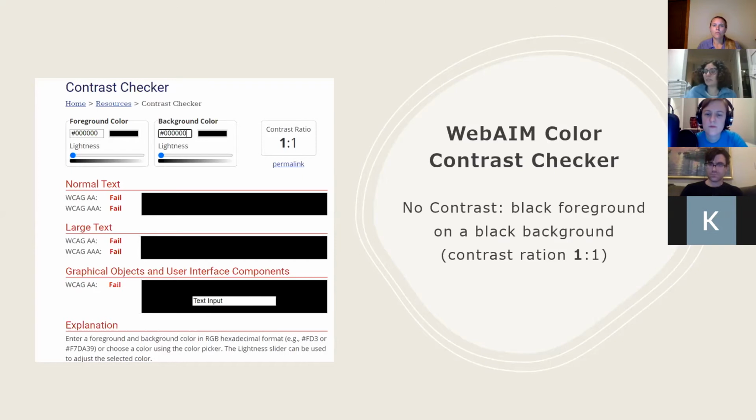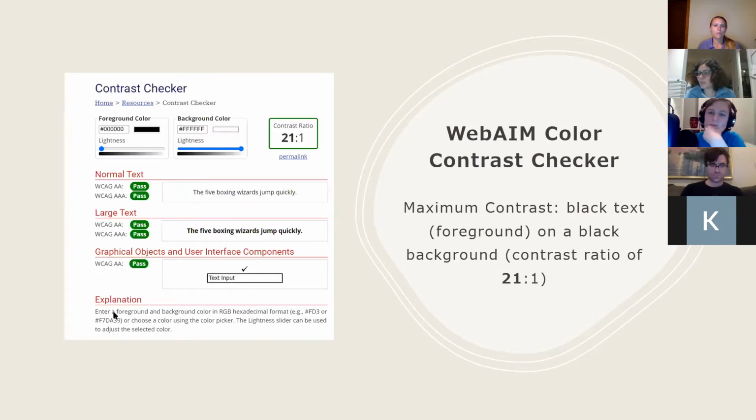And here, at the bottom of these two, it gives us examples and an explanation of the foreground and the hexadecimal format, and it tells you how to do it, and then the lighter sides can be used to adjust. That's actually what I did with the flyer, and I'm going to show you how I did that. After I did the flyer, I screenshot it and turned it into an image, and then I put it in the color wheel at Adobe, and it gave me the RGB values.